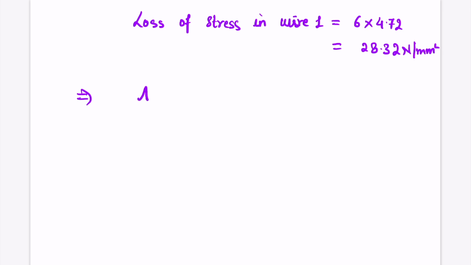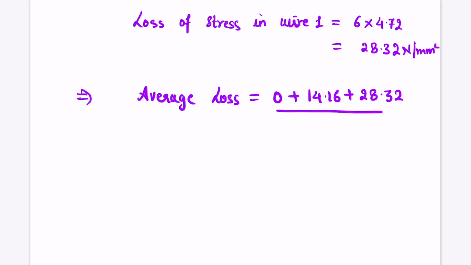So average loss of stress in all the 3 wires will be sum of stress in all the 3 wires divided by 3. So 0 plus 14.16 plus 28.32 divided by 3.